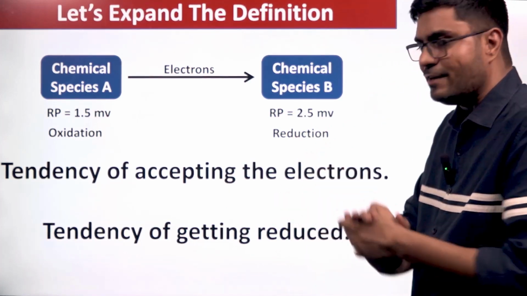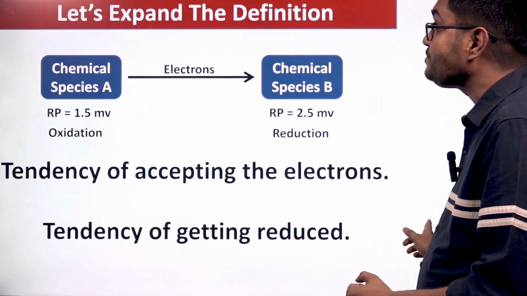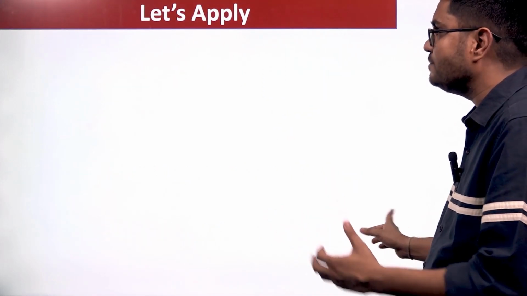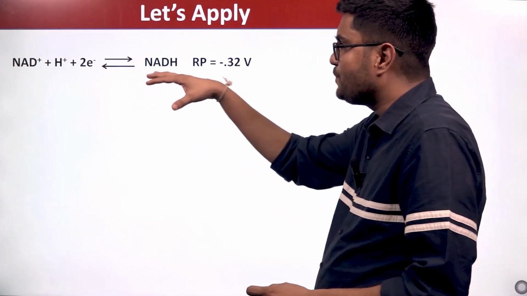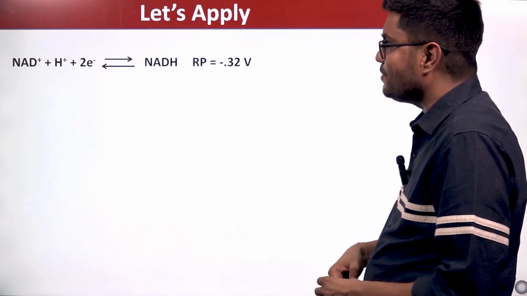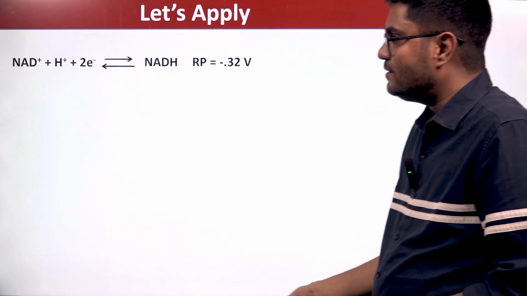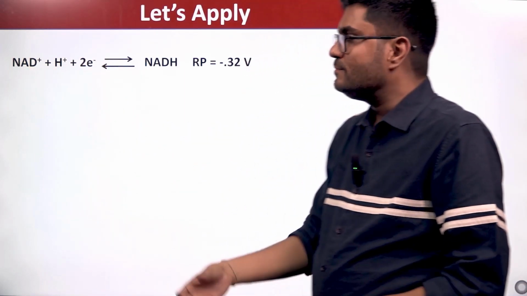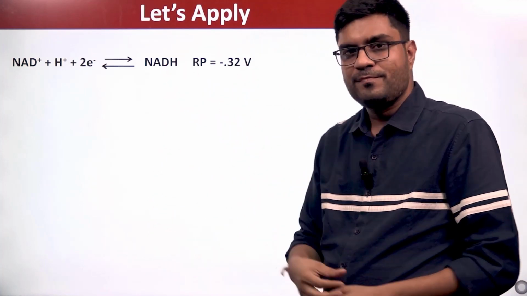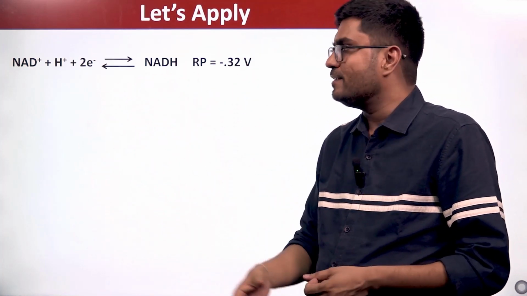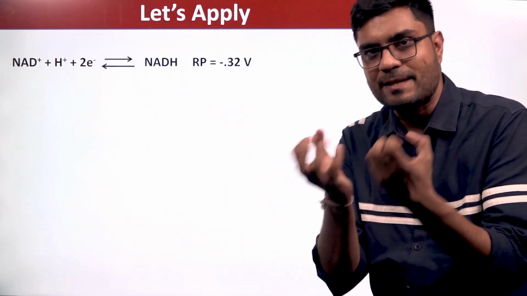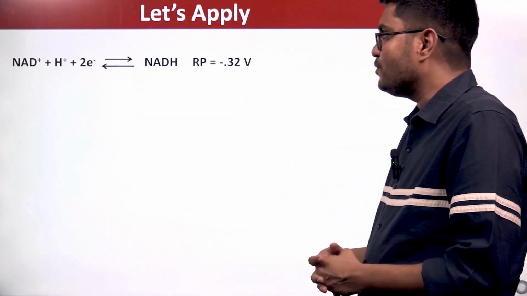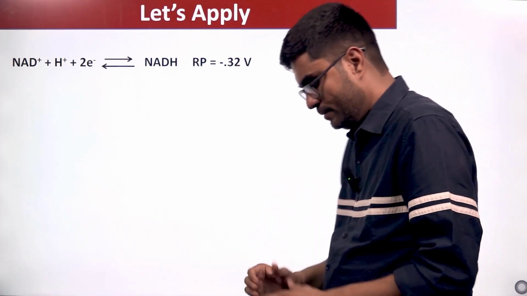Now let's apply this definition to understand one or two biological examples, then we will expand further and do some calculations also. This is a famous process in biochemical reactions, where NAD plus, after accepting 2 electrons, converts into NADH, and the reduction potential of NAD plus in accepting 2 electrons is equal to minus 0.32 volt.